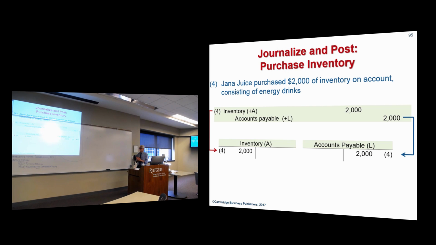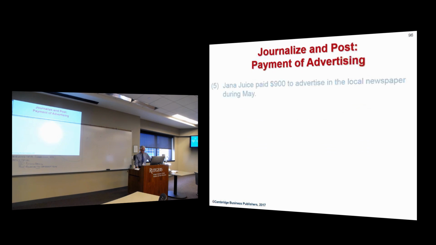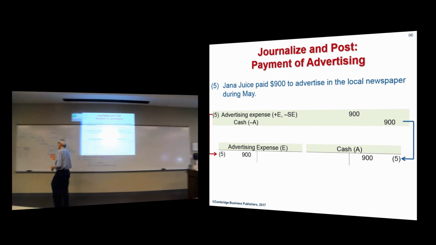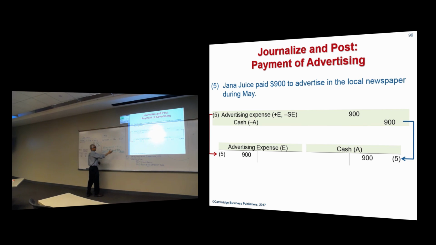Again, just stop me because these are going to get repetitive, obviously. Let's go to the next. Here's the expense: advertising expense. This is what I wanted to show you, the notation. Always reminding you that anytime you have an expense, it's going to increase expenses, reduce income, and reduce stockholders' equity.